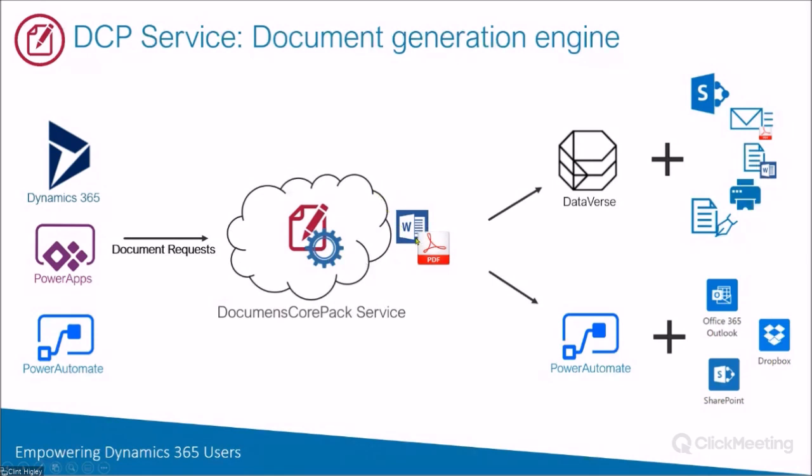After it creates that document from the template, it also handles post processing, like pushing it back to the Dataverse, say for example SharePoint, or taking that PDF and attaching it to an email and sending it, or attaching the Word doc to a note, or printing it, etc. Also, via the DocumentsCorePack connector, you can push this back to PowerAutomate and use the whole suite of PowerAutomate connectors to push that document using Office 365, or to Dropbox, or use the SharePoint connector to do things with it in SharePoint that you weren't normally able to do.